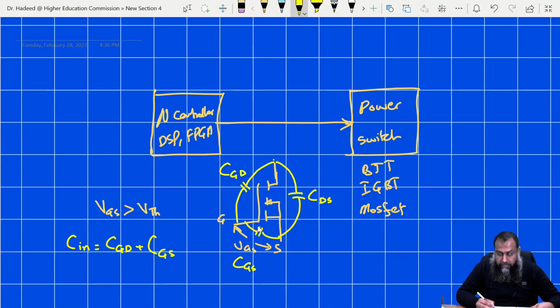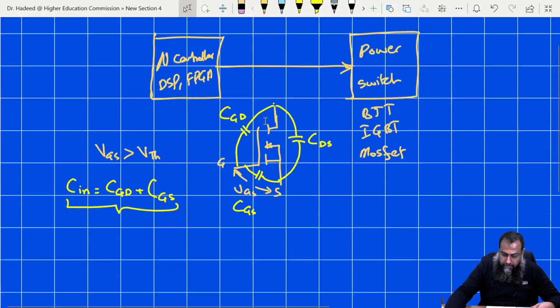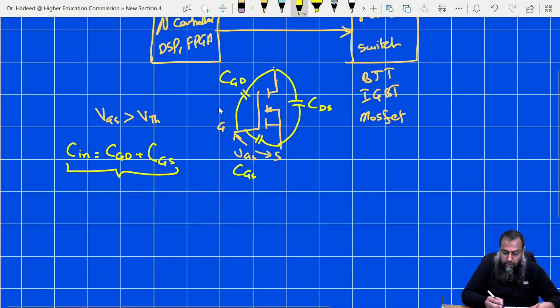In order to keep the device on, we need to charge this CGS to a value where the device stays in conduction mode. And in order to turn this device off, we need to discharge the input capacitances so that the net voltage across the gate to source terminal becomes equal to 0. Now, the amount of charging and discharging depends on the amount of current that flows from the circuit into the power semiconductor switch.